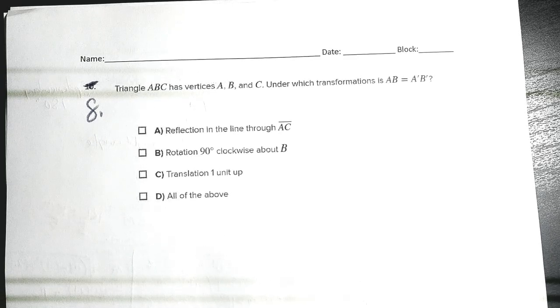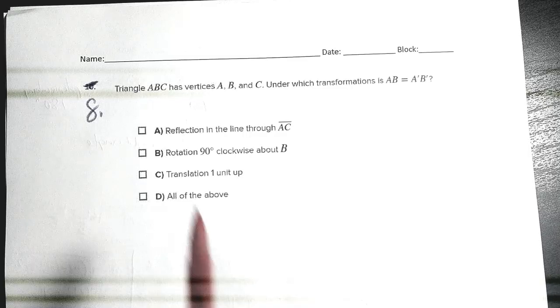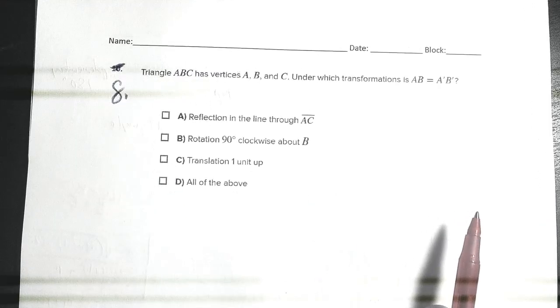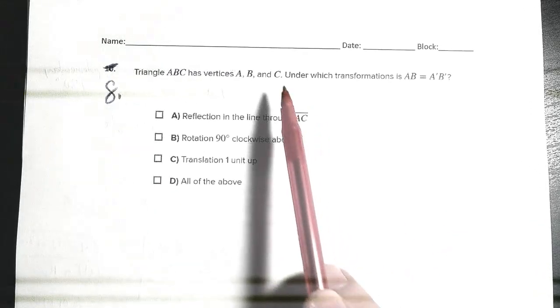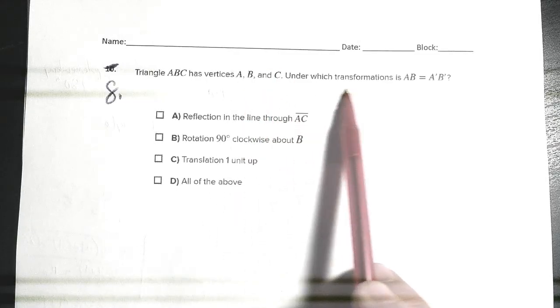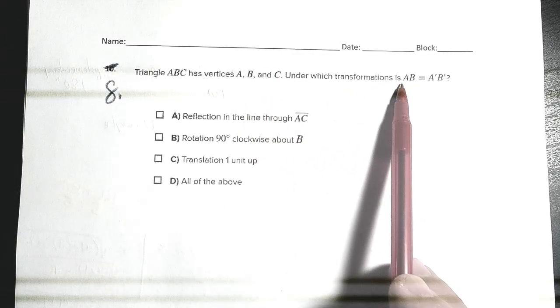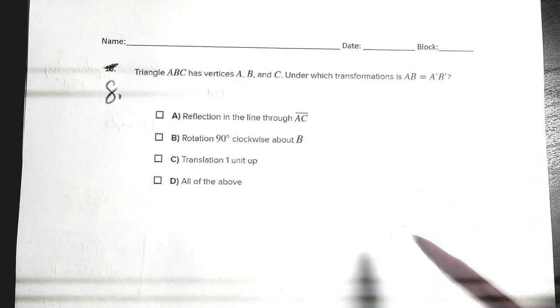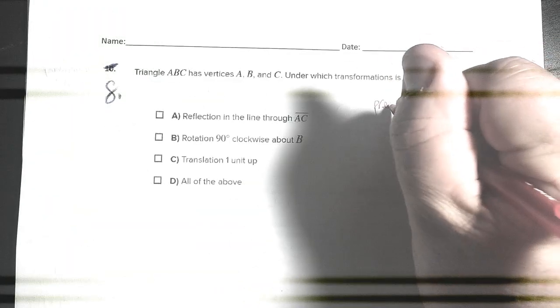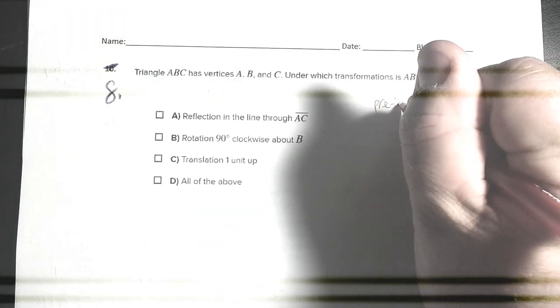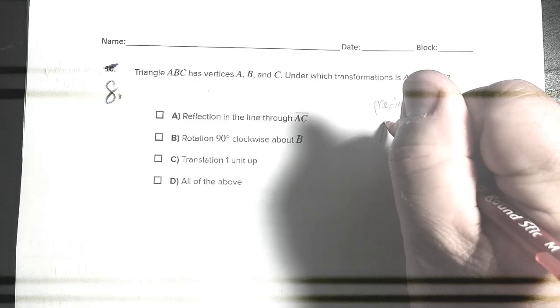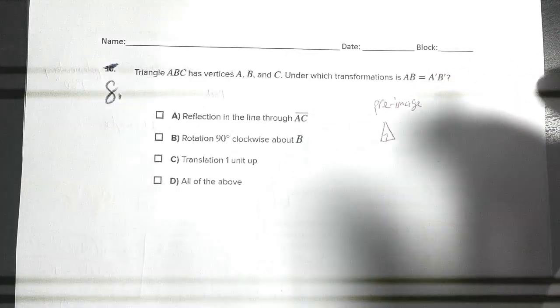It says trick question, but so it says triangle ABC has vertices. Let me straighten this up here. It doesn't have to give the coordinates. It's just saying under which transformations is AB equal to A prime B prime. Now remember, the pre-image is the before.